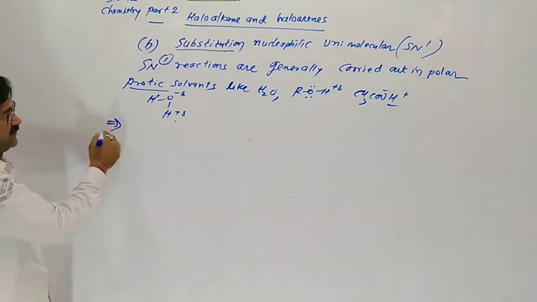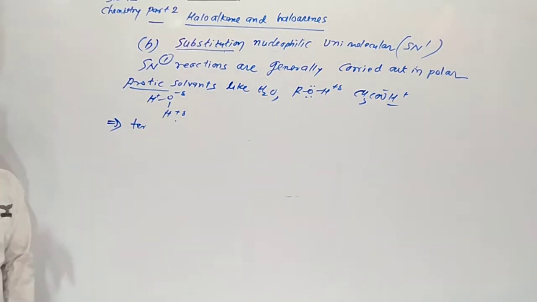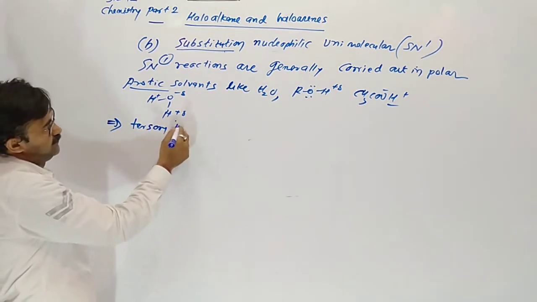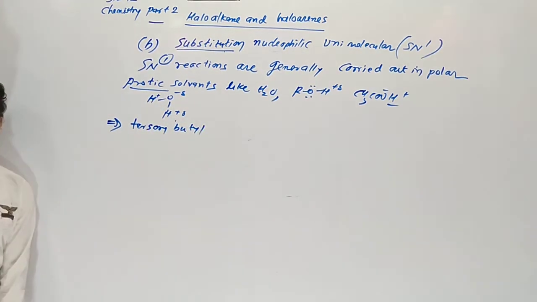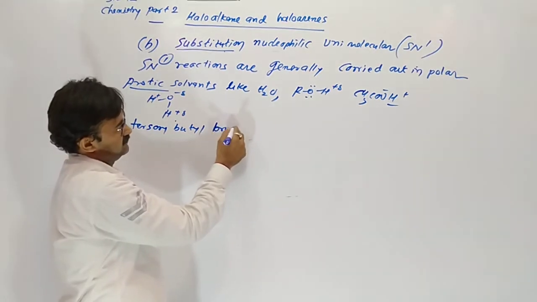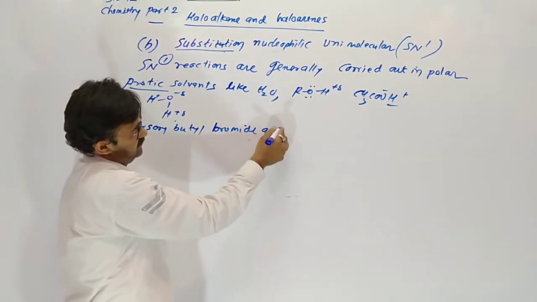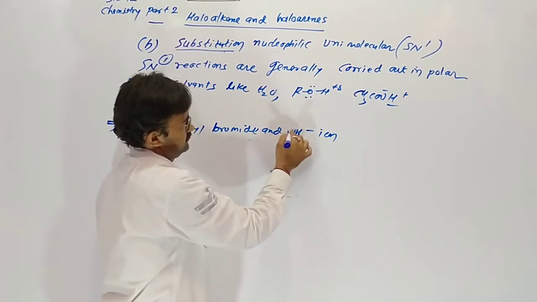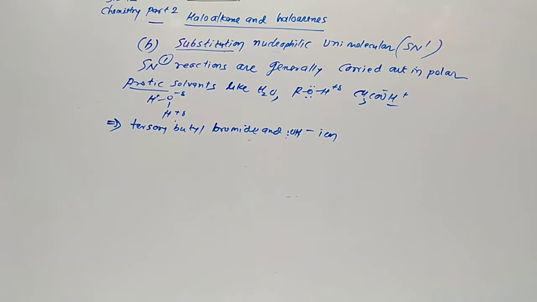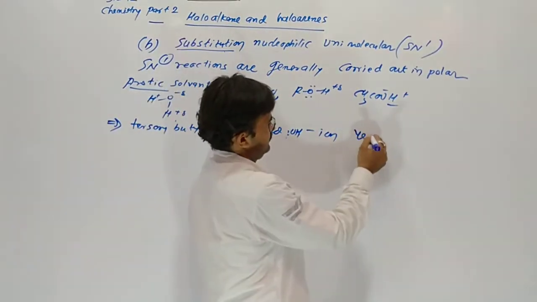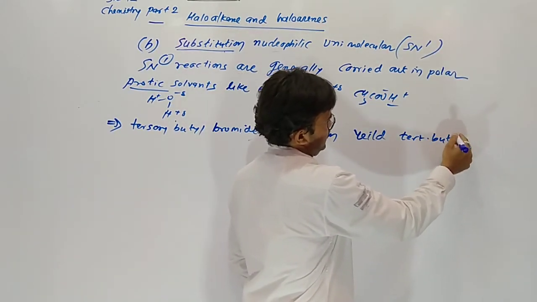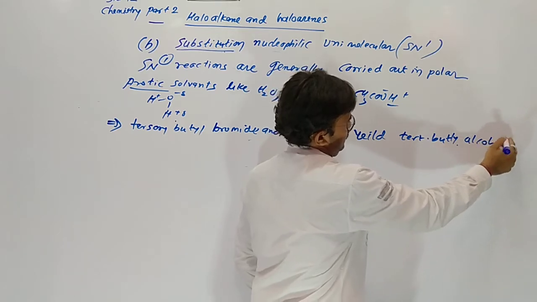Example of SN1: tertiary butyl bromide and OH minus ion, hydroxide ion, yields tertiary butyl alcohol.